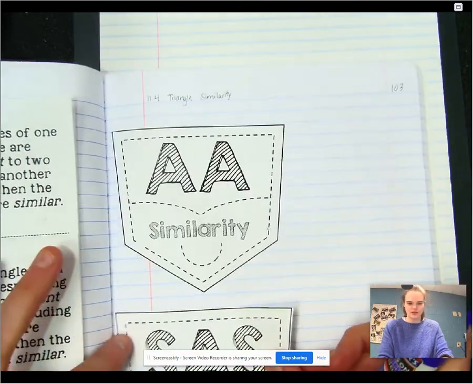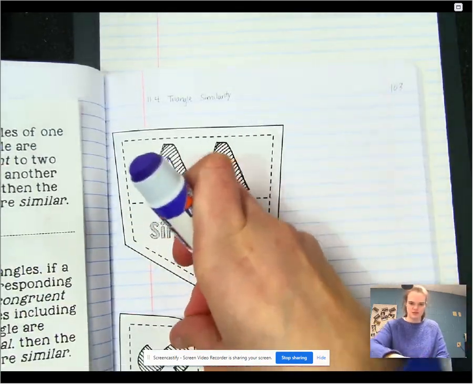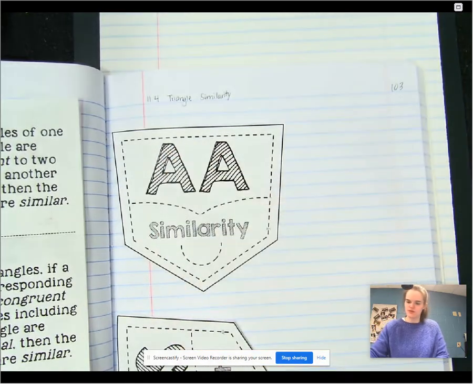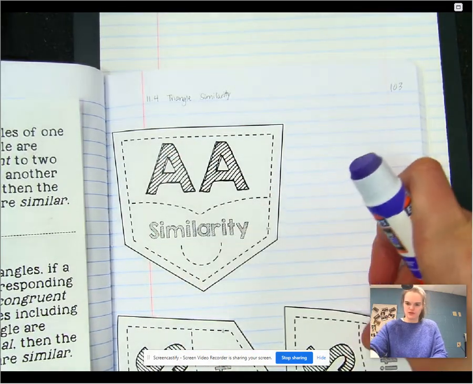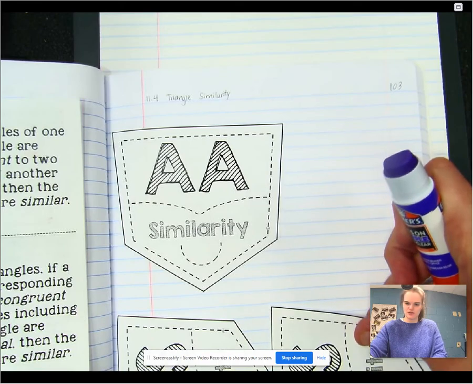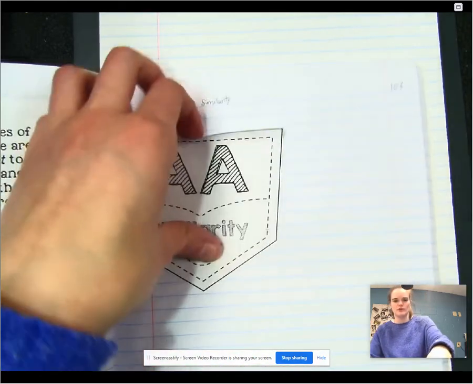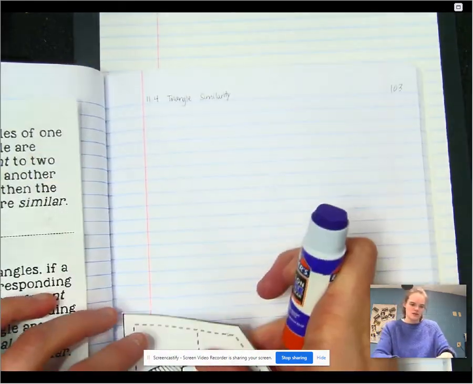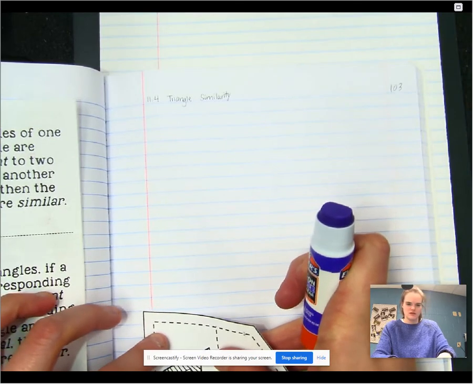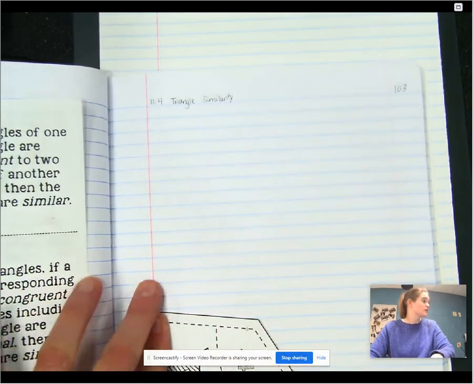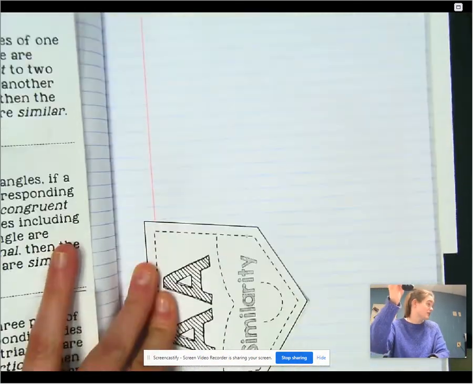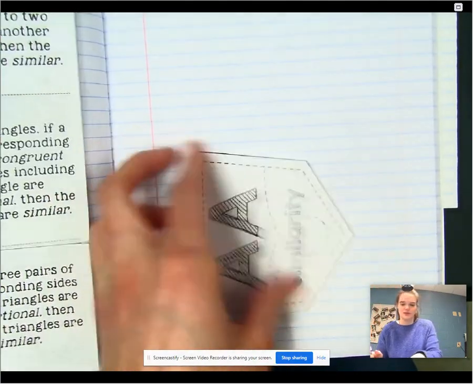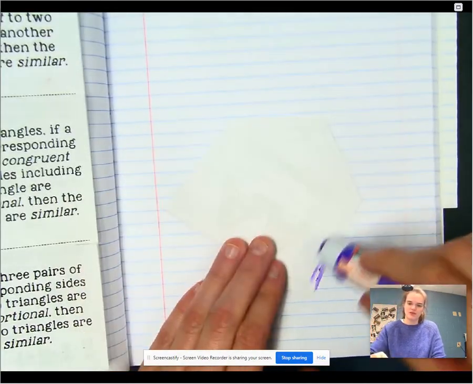Oh well. Let's see if they fit this way. Any better. They do. We're going to do them sideways. Okay, so we're actually going to do them sideways. So don't pay attention to what I just did. Do it this way. I'm going to glue them again.